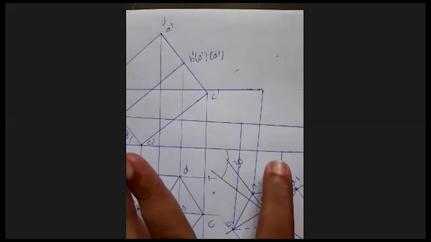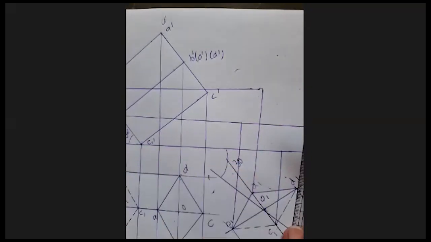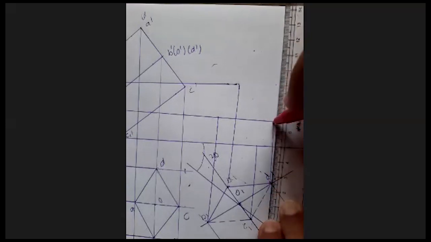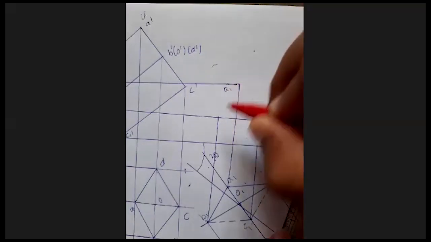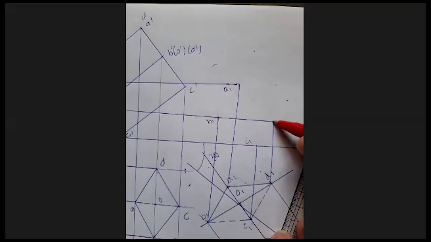In the same way, I have D1, which I'm projecting upwards. So I have got all the points. This is my A1, this is my B1, this is my C1, and this is my D1.